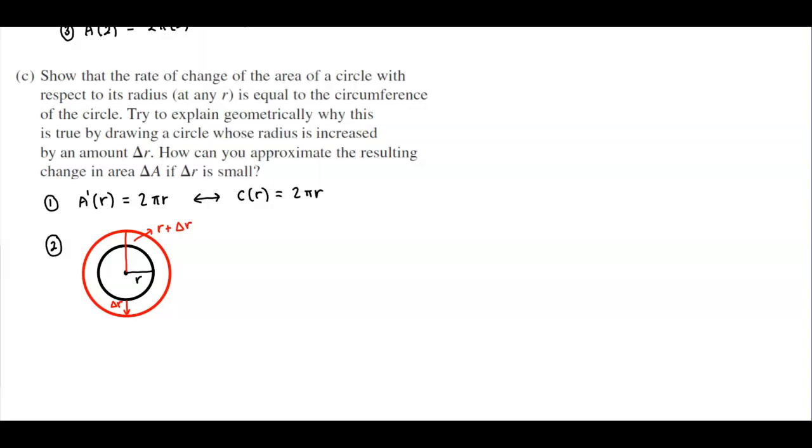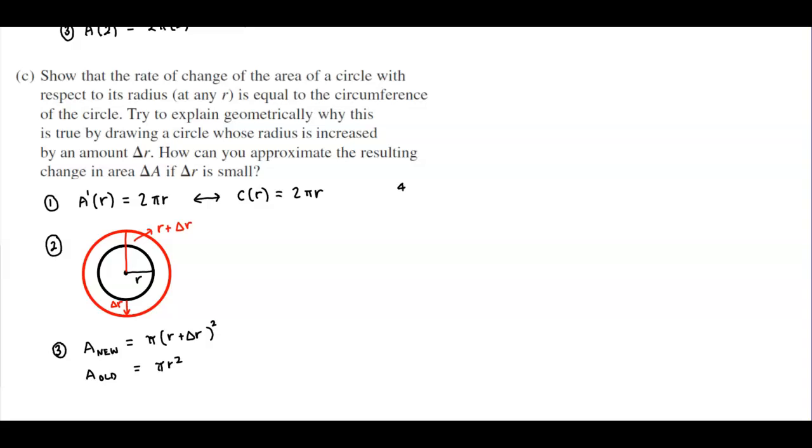So now we want to determine what's happening with the area of the new and what's the area of the old. We know that the area of the new is going to equal pi times the radius squared. Well, the radius is r plus the change in r, squared. And the area of the old is equal to pi r squared.